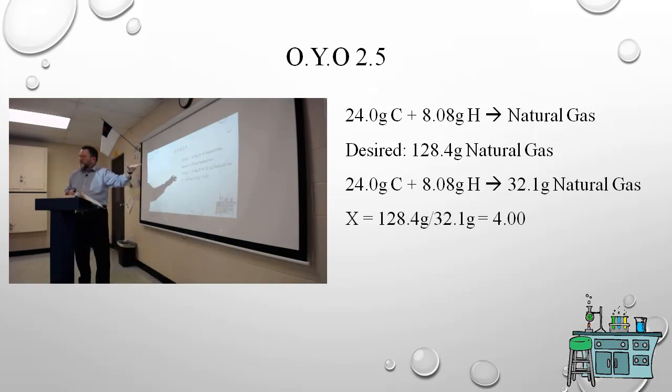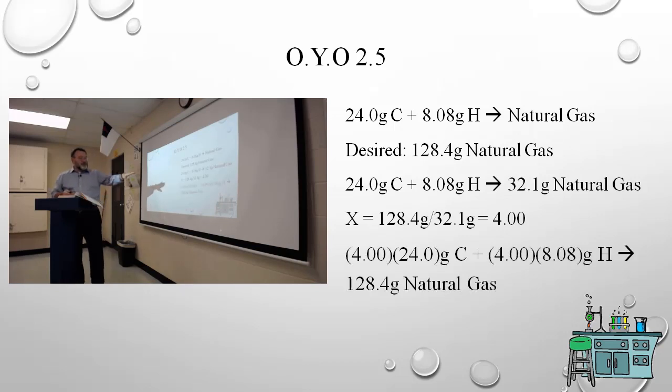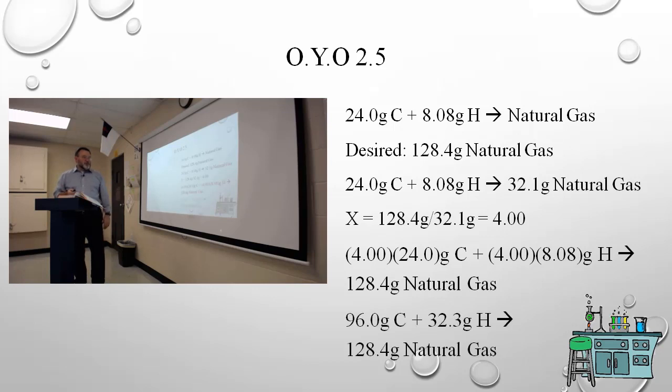It's a 4-time multiplier. I take my perfect recipe to make 32.1, and I make 4 batches of that. So 4 times 24.0 plus 4 times 8.08 produces 128.4, or, doing the math, 96.0 grams of carbon plus 32.3 grams of hydrogen produces 128.4 grams of natural gas.